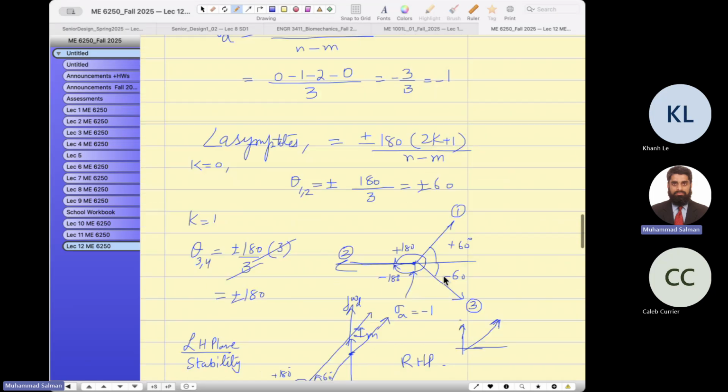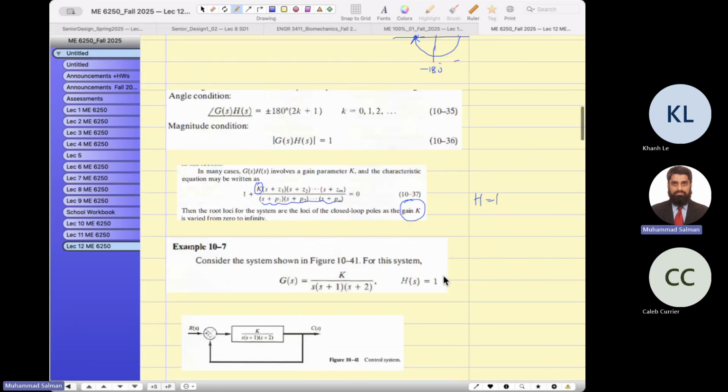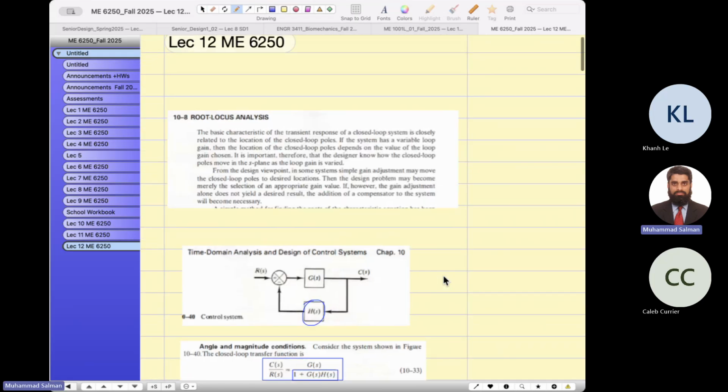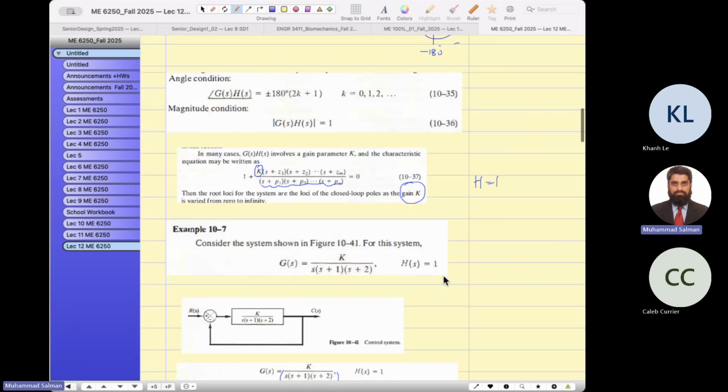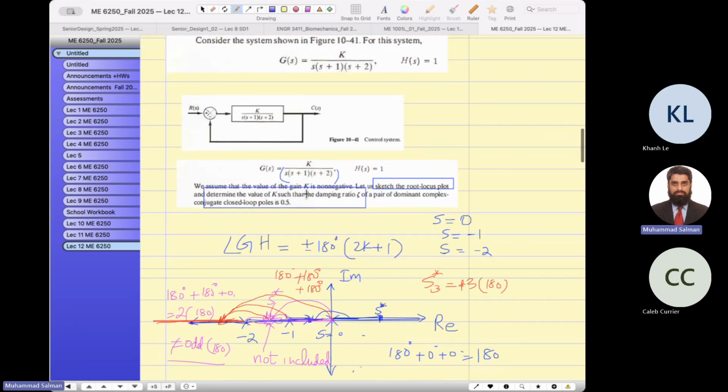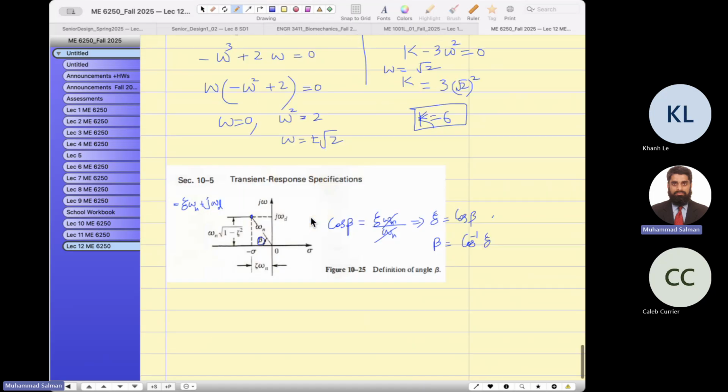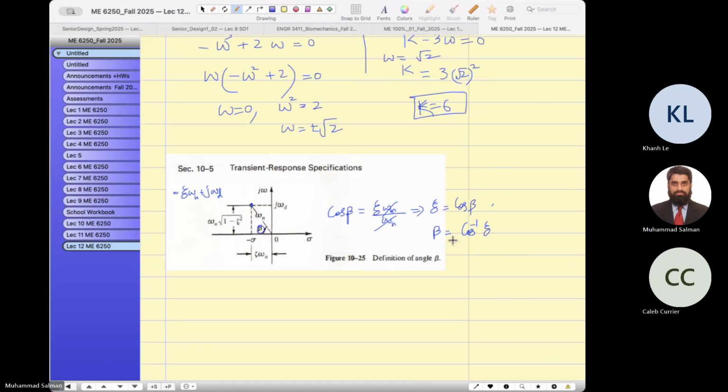The question states, I believe it was here, when poles are at damping ratio zeta equals 0.5. So let me change it to 0.5 and find out the angle. So beta equals cosine inverse, it's 60 degrees, plus minus 60 degrees.